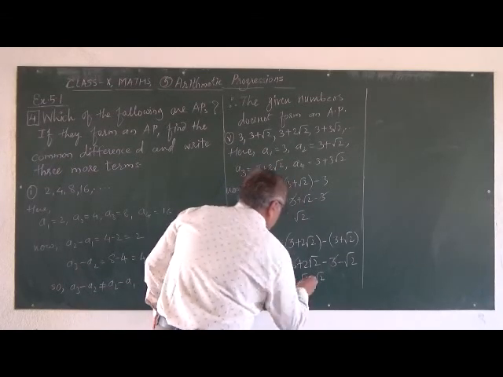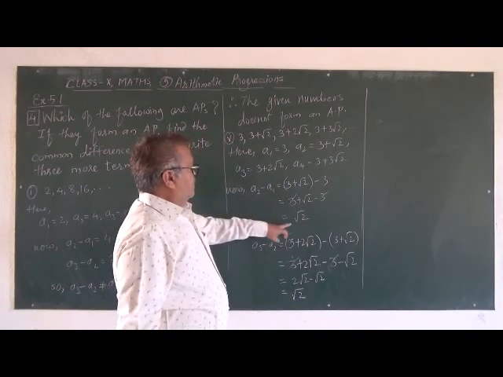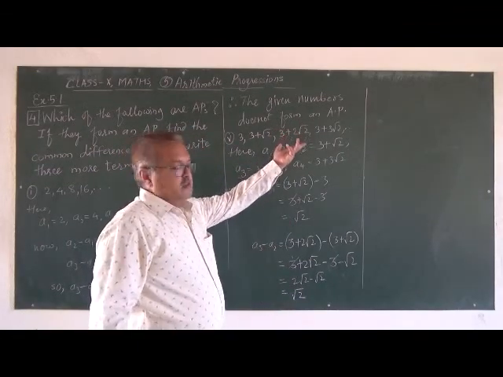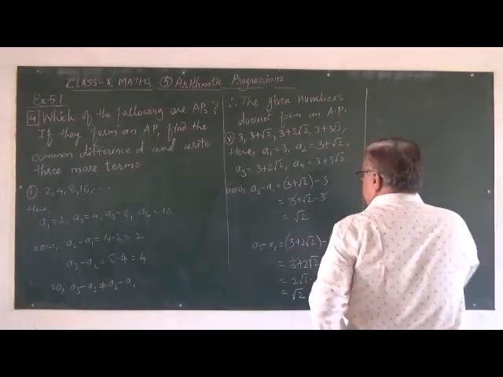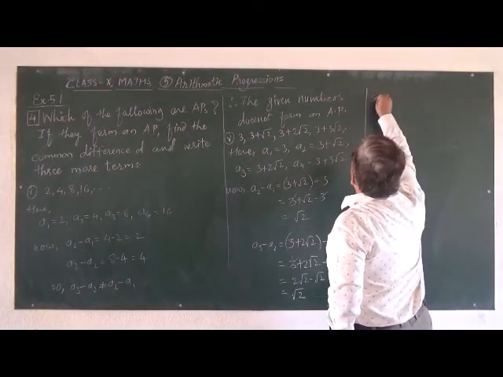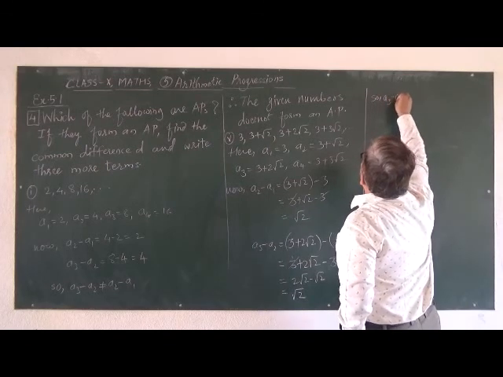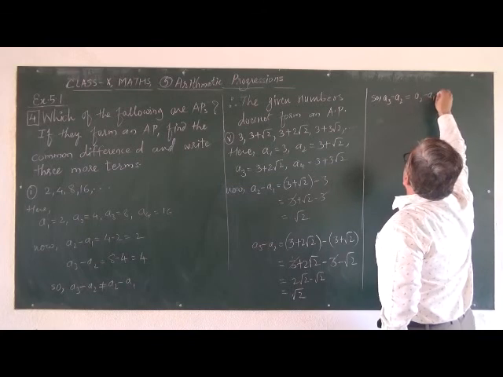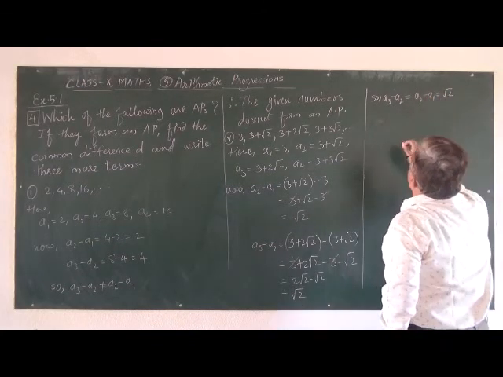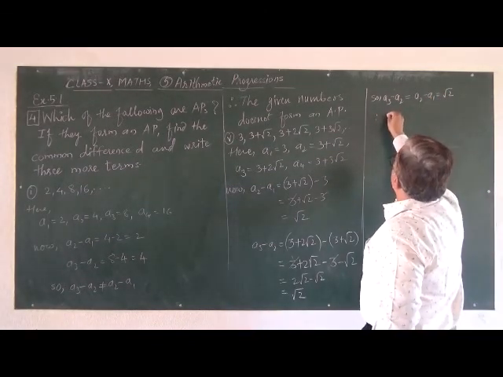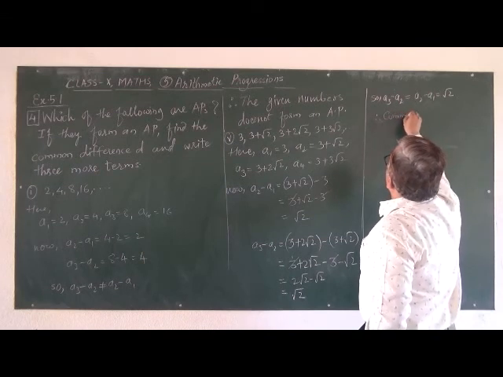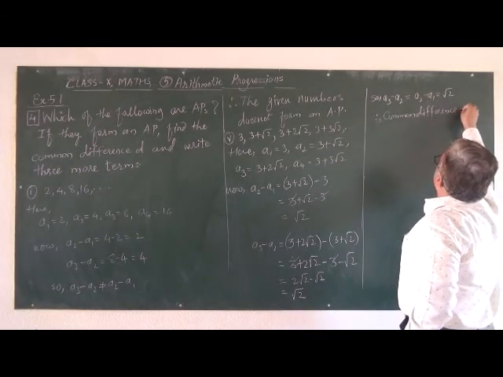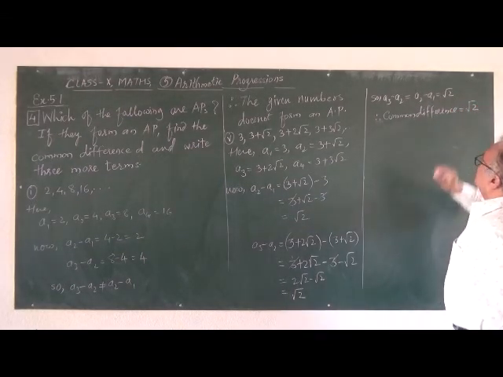So that is root 2. So here A2 minus A1 is root 2 and A3 minus A2 is root 2. No need of checking A4 minus A3. This is sufficient. So A3 minus A2 is equal to A2 minus A1, which is equal to root 2. Therefore the common difference is root 2, that is D.